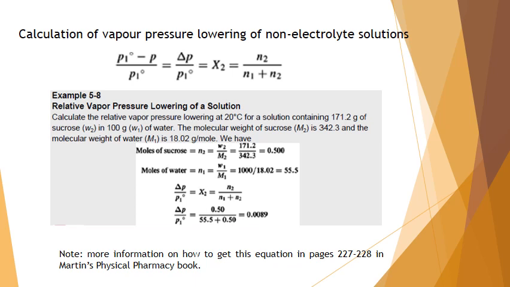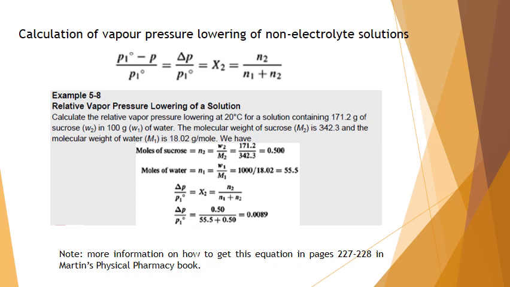Imagine that we are making a pharmaceutical solution. In order to do that, we need to dissolve a solute in a certain volume of the solvent. What we notice is that when you add the solute, there is a change in the vapor pressure of the solution compared to the vapor pressure of the solvent.